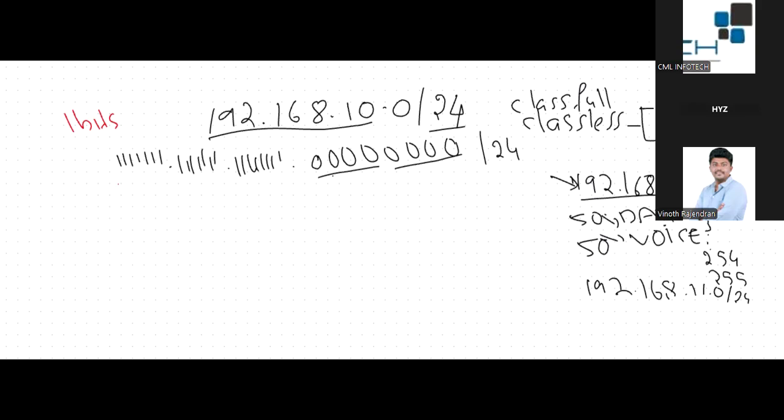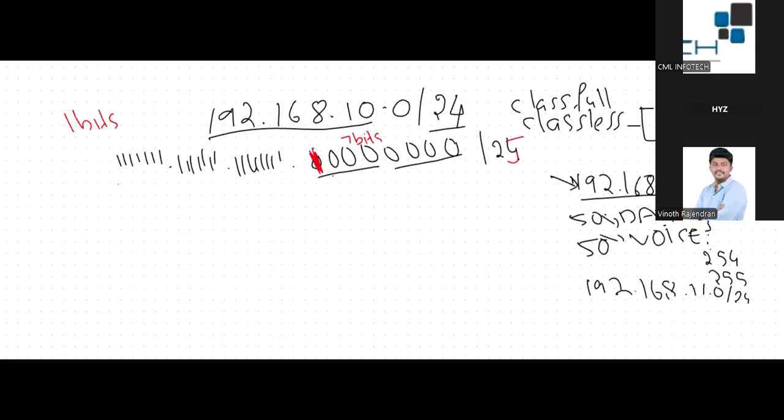From the 8 off bits, I'm going to use 1 bit. Okay, so in total how many bits are on? Slash 25. And 7 bits are off. So when you add an extra bit to the default, turning an off bit from 0 to 1, that is called subnetting. So when we have slash 25, which is adding one extra bit to the default, let's see what changes will occur.